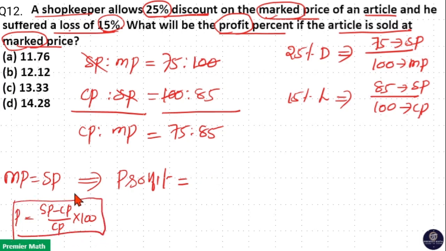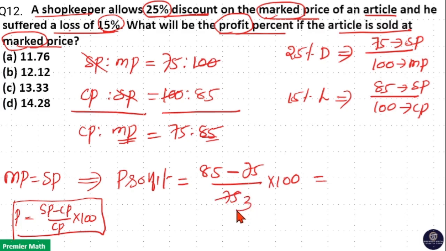Now profit is equal to, here mark price is sell price, which is 85. So 85 minus cost price 75, divided by cost price 75, into 100. Now 25 goes 3 times in 75, 25 goes 4 times in 100.